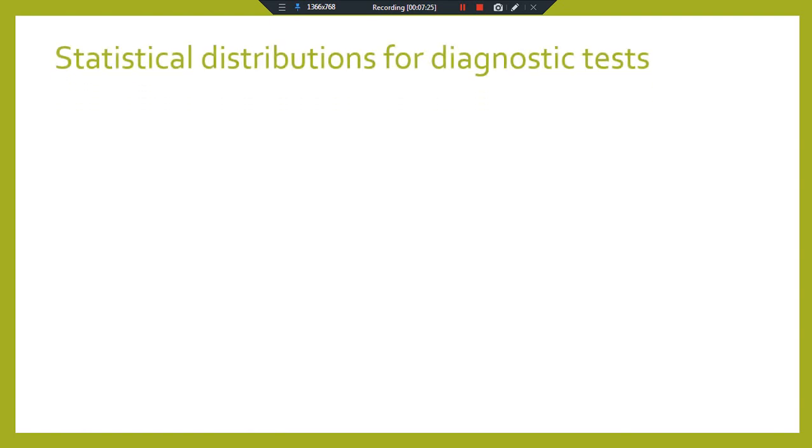Okay, there are some statistical distributions for the diagnostic tests. There are some famous tests which can be used to diagnose whether the OLS assumptions are violated or not.